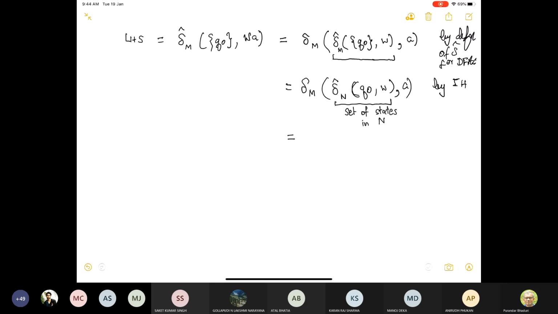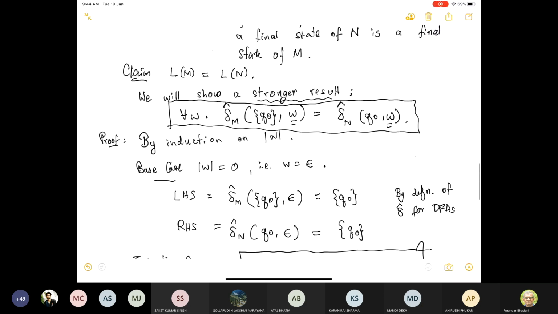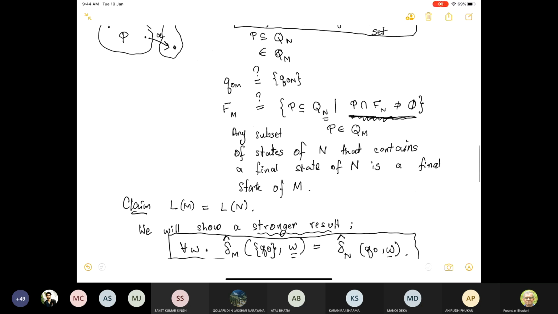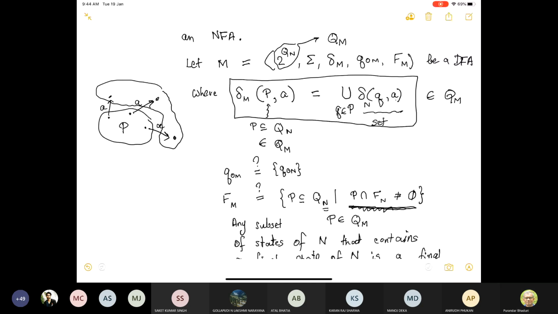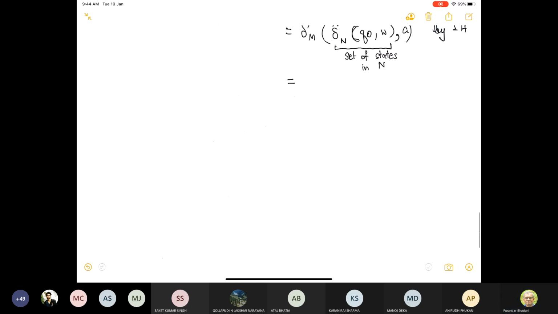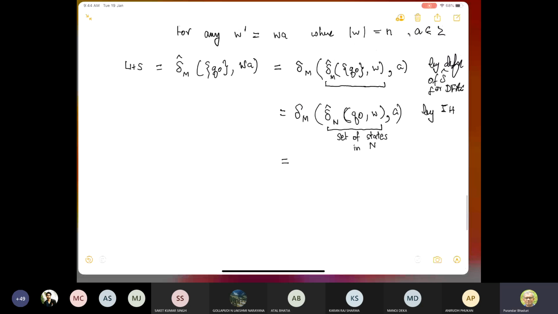So it is, just to look at it again, the union of Q and A over all Q belonging to this set, right?